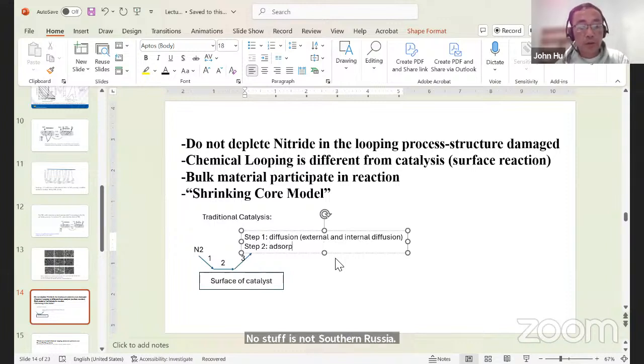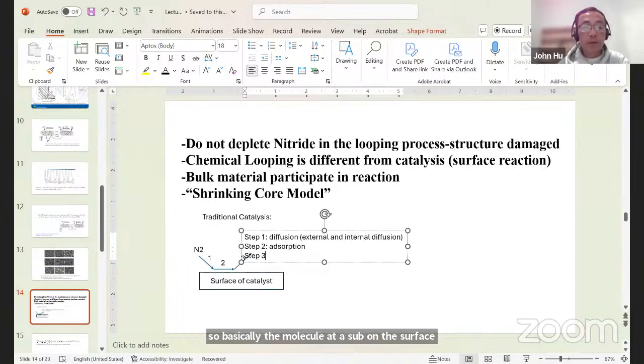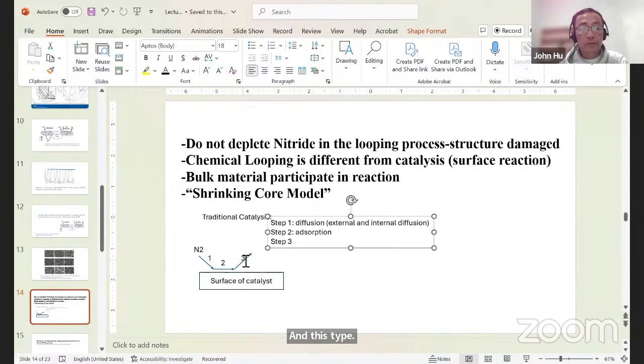Adsorption. Basically the molecule adsorbs on the surface, and step 3, steps 2 and 3 are on the solid surface.